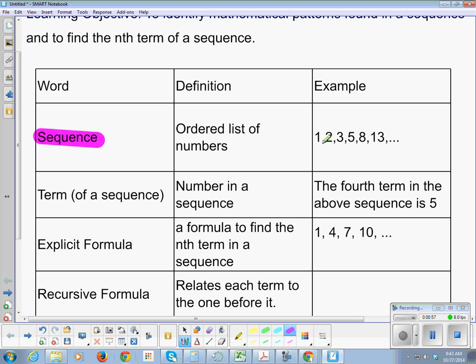For example, 1, 2, 3, 5, 8, 13, etc. What we want to look for here is what's the pattern. So what's the difference between 1 and 2? That's 1. What's the difference between 2 and 3? It's 1. Difference between 3 and 5? It's 2.